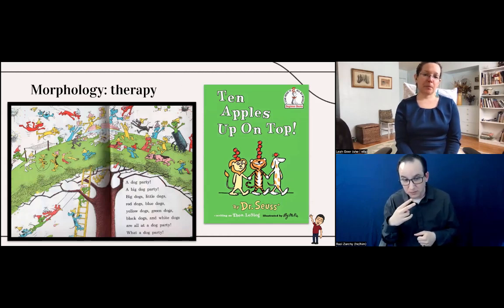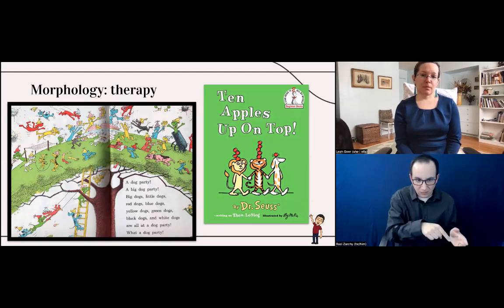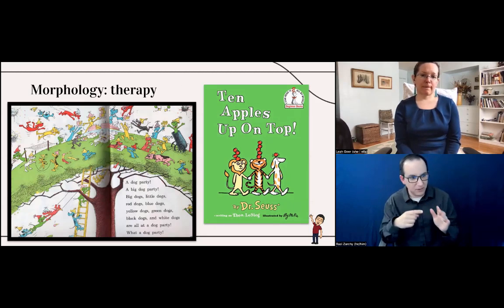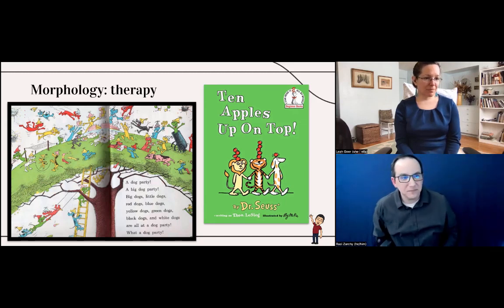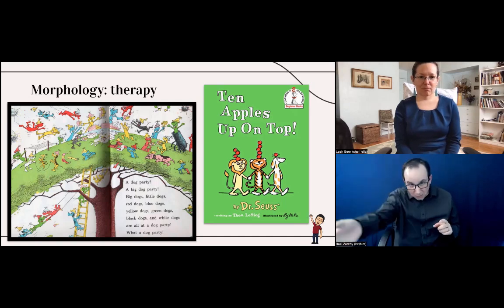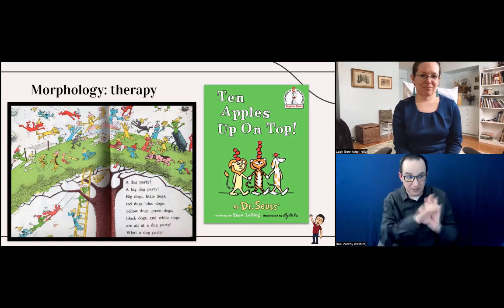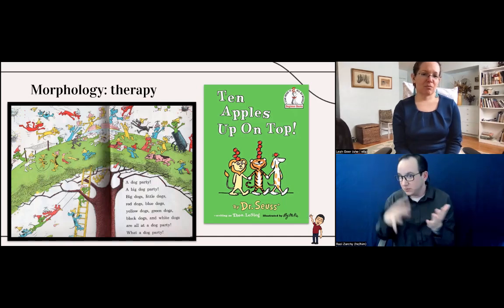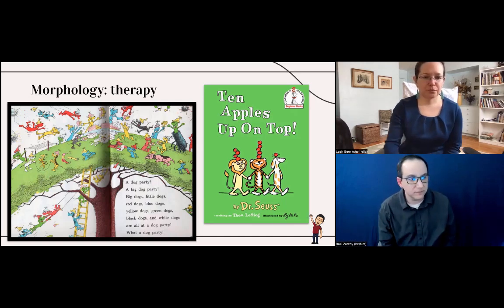Also for locative verbs, if you want to show where something is occurring, you can use a book like this that has pictures and you can point, for example, the apple was on top of people's heads. And what happened to the apple? If the apple fell off, it's very clearly shown right here in the illustrations in the book, and you can show that to the students, and they can copy you.